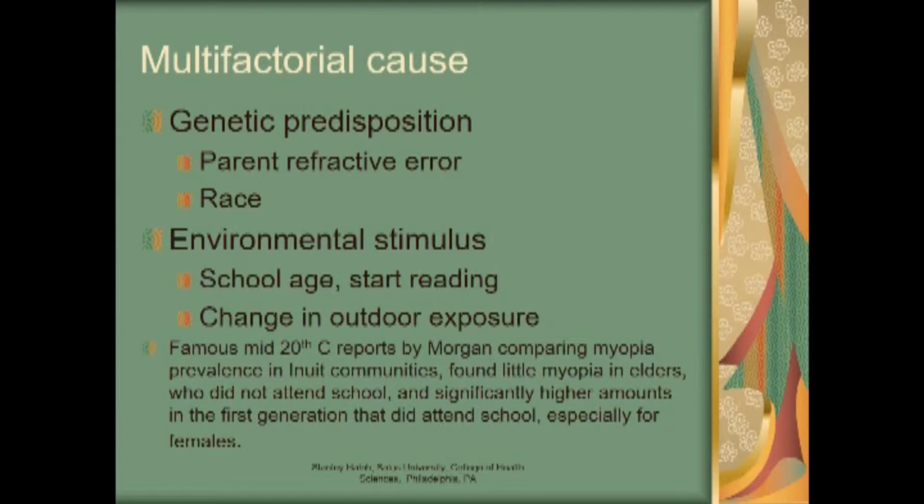Initially it was thought, well, there it is, reading causes myopia. But again, selection, think about your sample. Inuit communities are related to Asians, and so they are going to be predisposed for myopia.